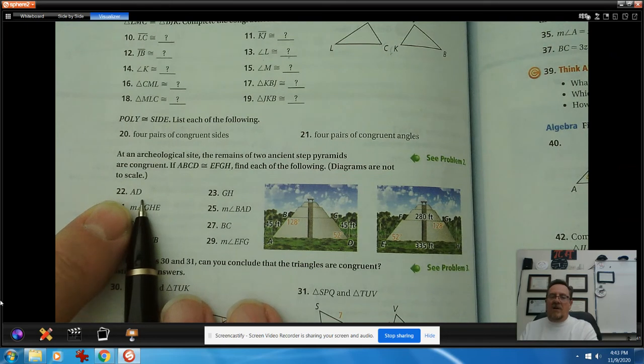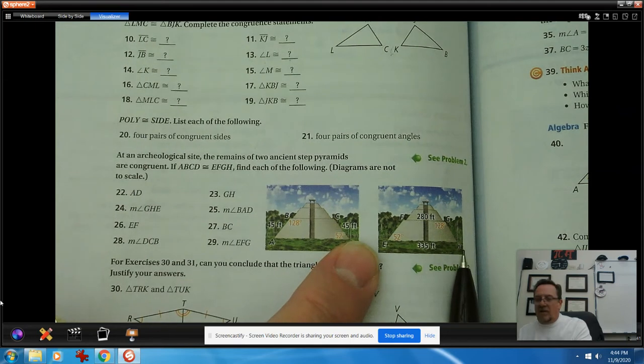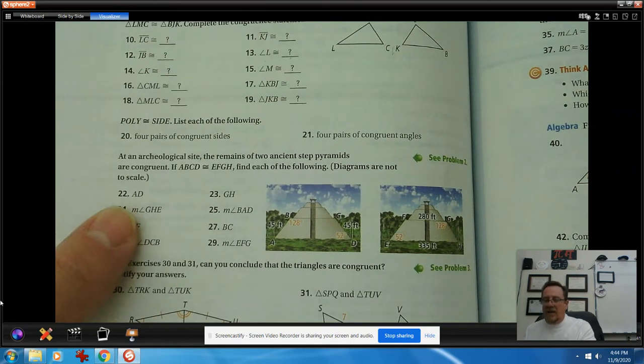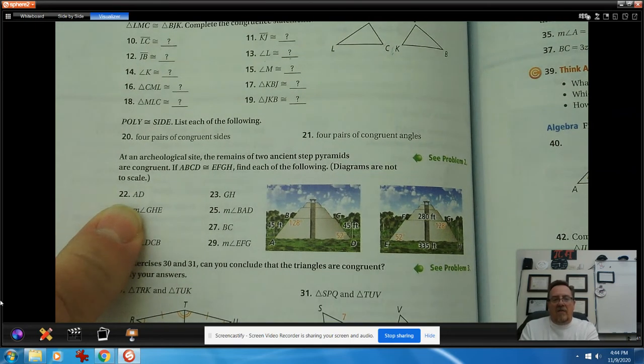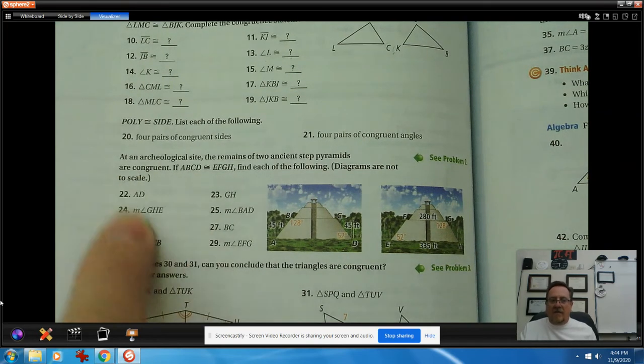How do I know it's a measurement? There's no line segment above here. When it says AD in this case, it says the measure of AD. So 22 is asking for the measure of AD, and we know that AD matches to EF, which is 335 feet. So AD has a measure of 335 feet. Again, these questions are asking for numbers.